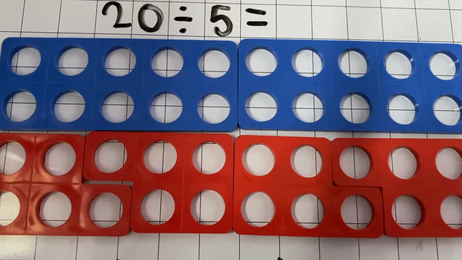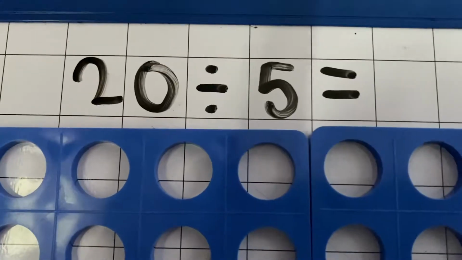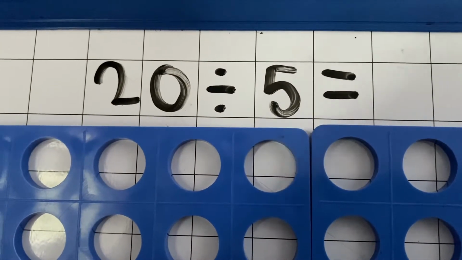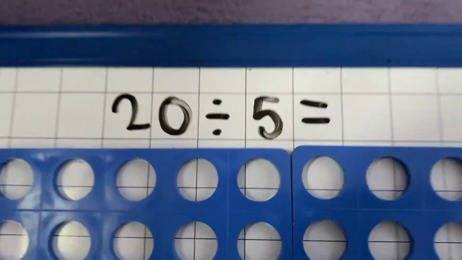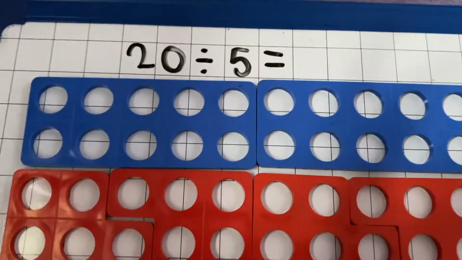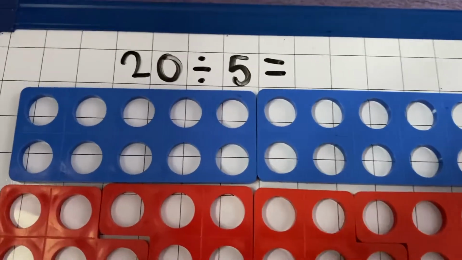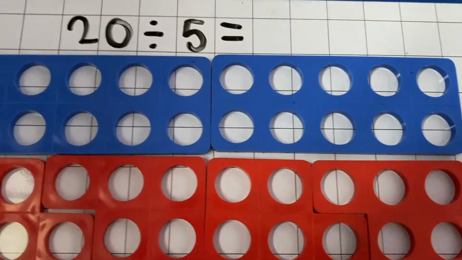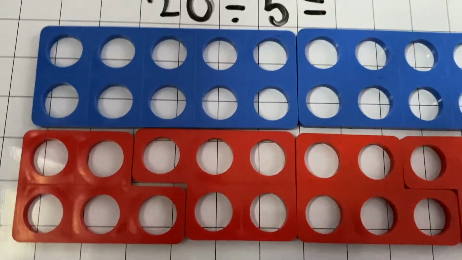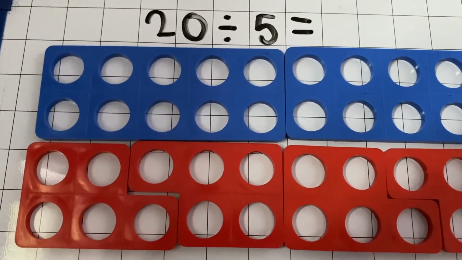Here we have a grouping example. A question number sentence is 20 divided by 5. I have 20 here represented as 2 Numicon, and I've grouped them into 5.